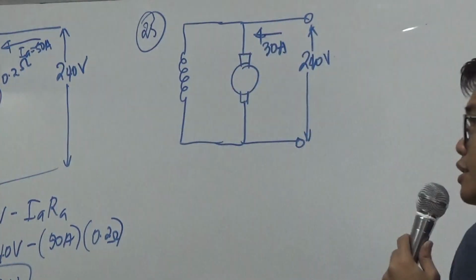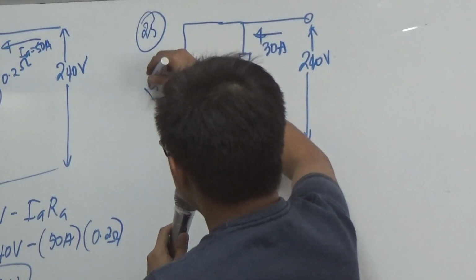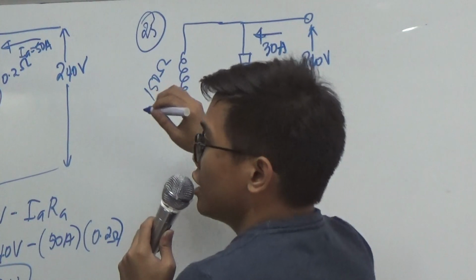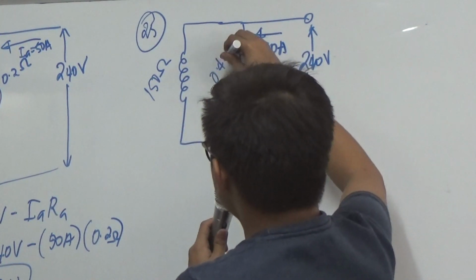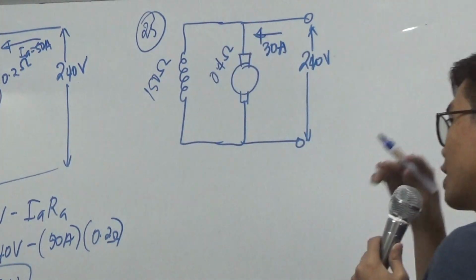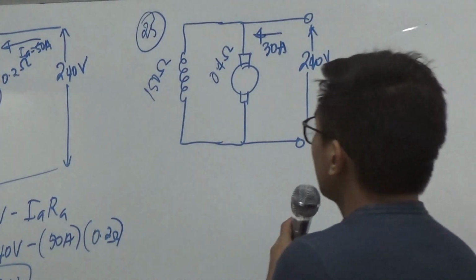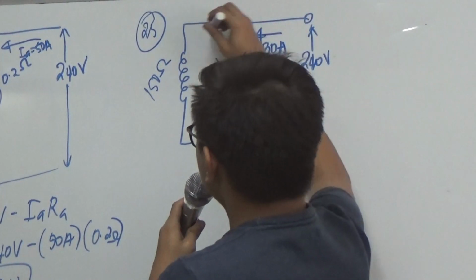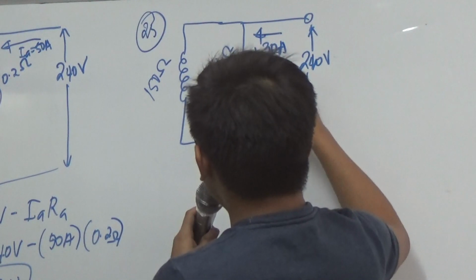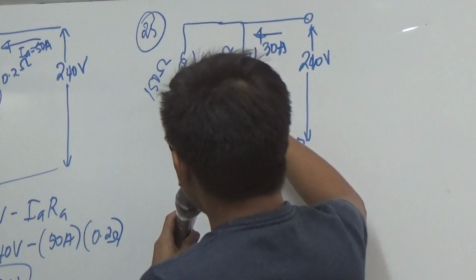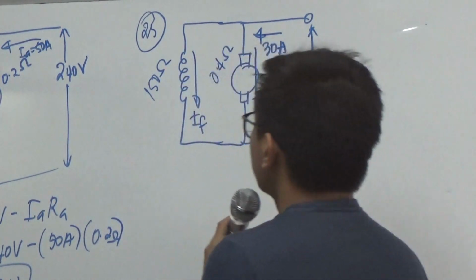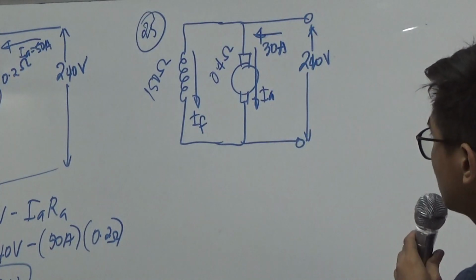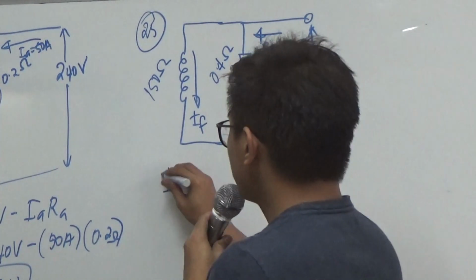If the field winding resistance is 150 ohms and the armature resistance is 0.4 ohms, determine the back EMF. So, syempre, ito papunta dito, ang armature current pababa, and yung field current pababa din. So, kunin muna natin yung field current.